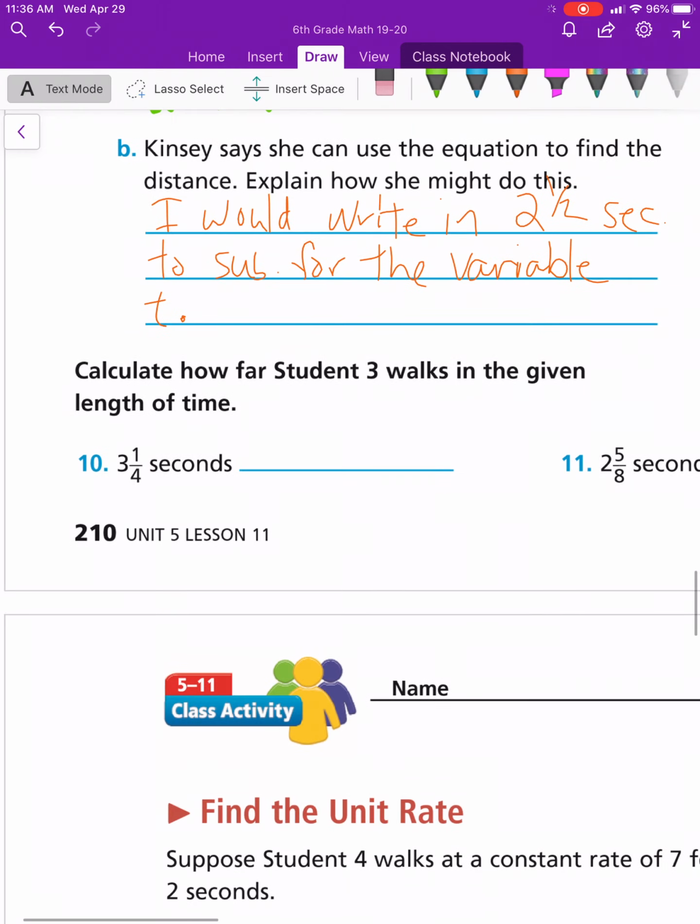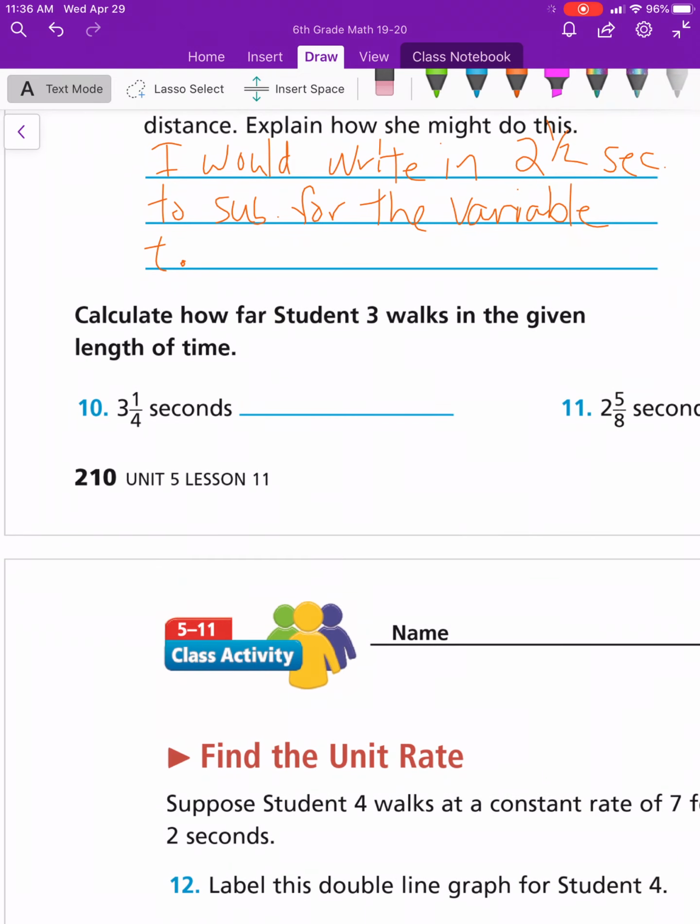Moving on. So calculate how far student 3 walks in the given length of time. Okay, so if we're using the same equation, I'm going to write that down here. Distance is equal to 4 times t.